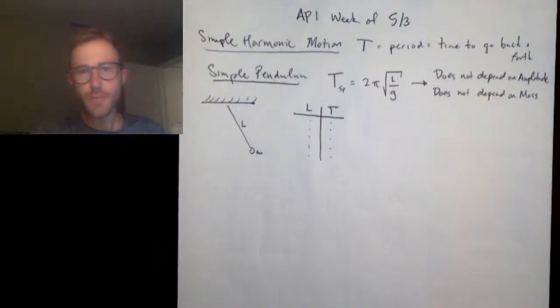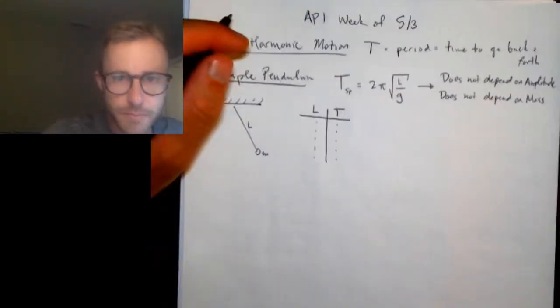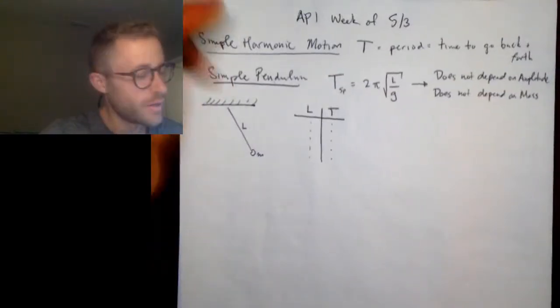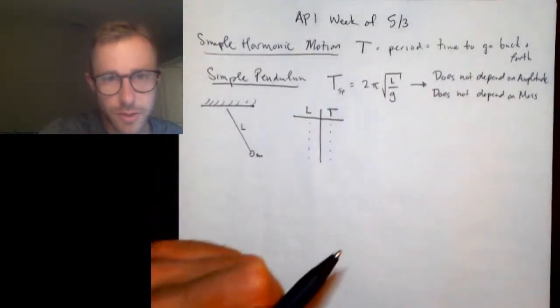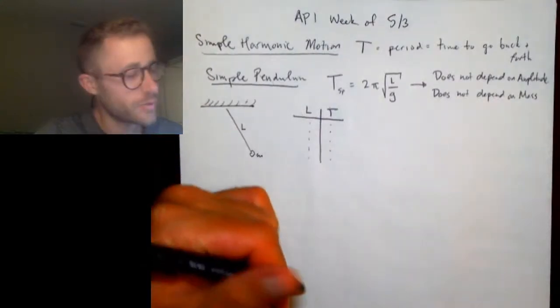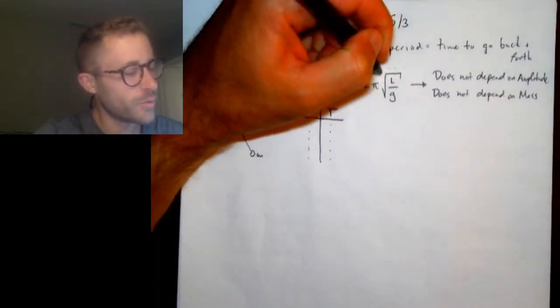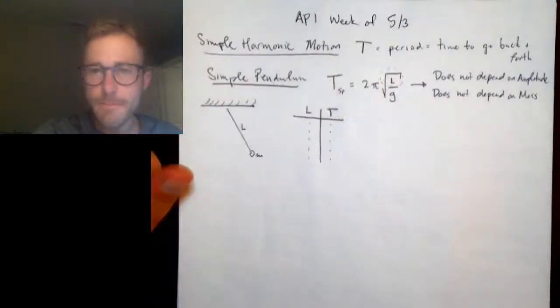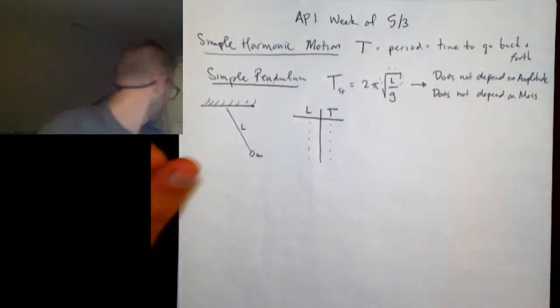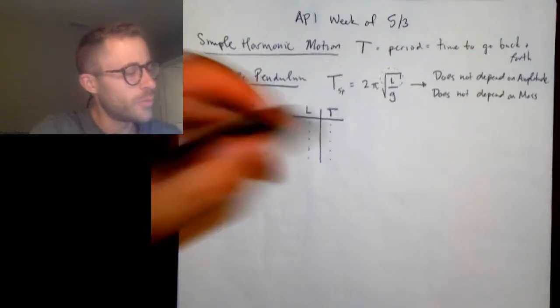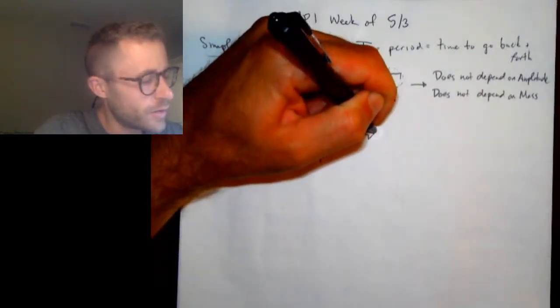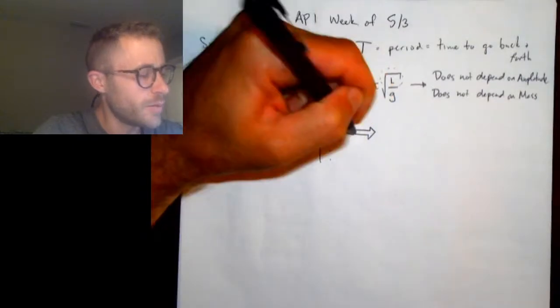This is not going to be a linear relationship because I have period on this side, but I don't have L to the first power on this side. I have square root of L. So I want to transform my data table.